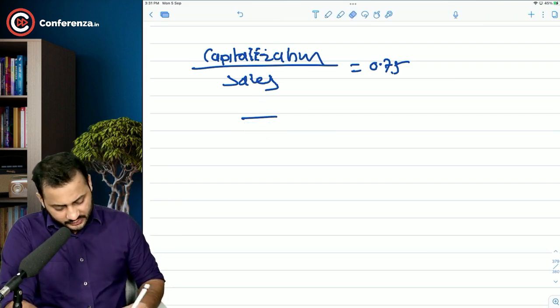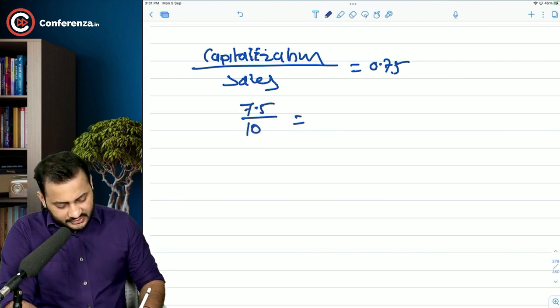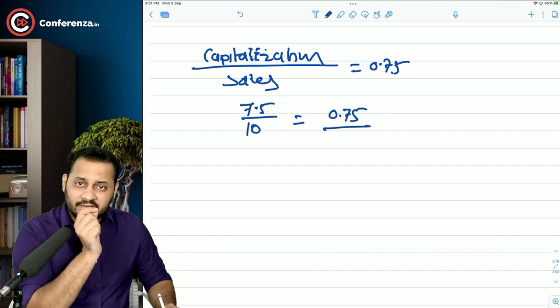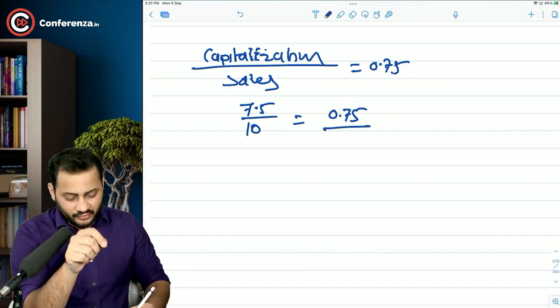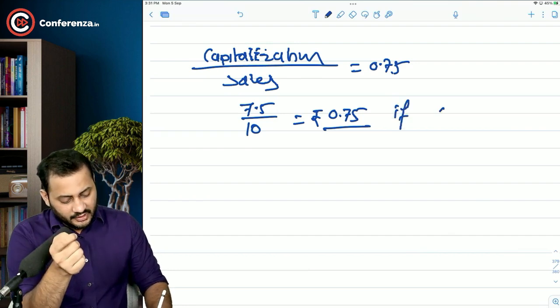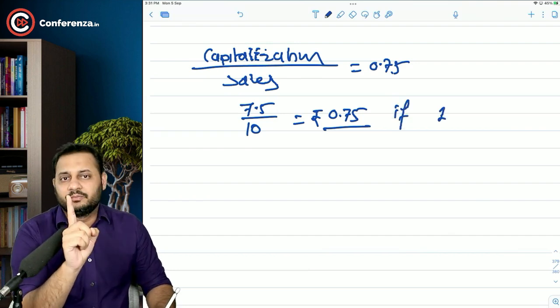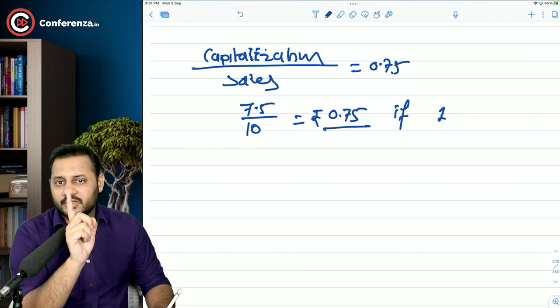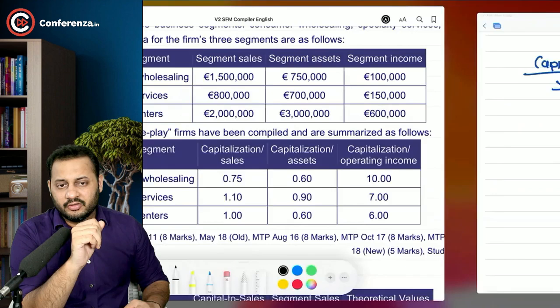It's just the reverse of it. If the capitalization is 7.5 and the sales is 10, we can say 0.75 is this ratio. That means 75 paise is the value of your company if your sales are 1 rupee. For every 1 rupee of sales, 0.75 is the value of the company.